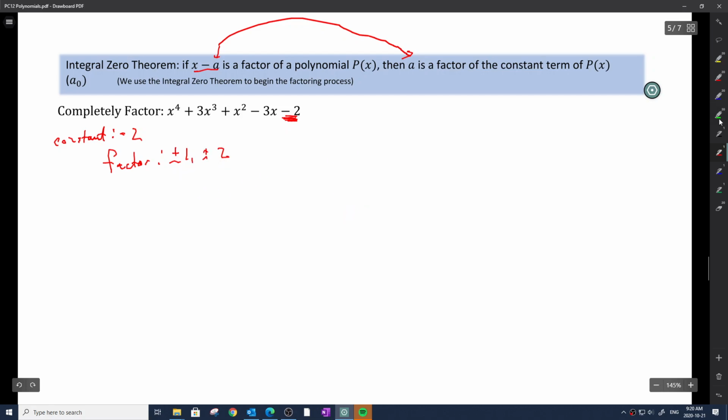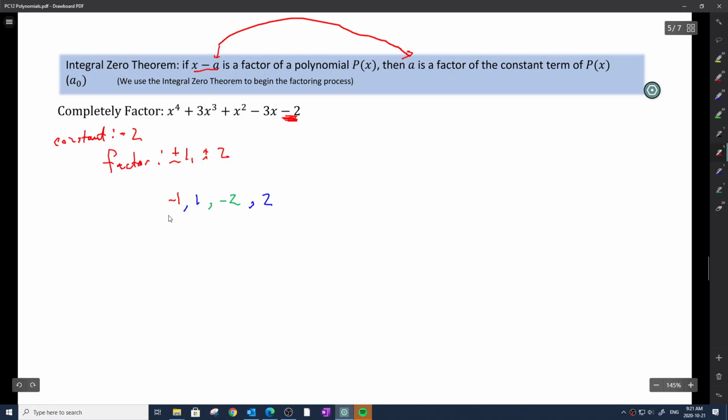So here, maybe I should switch colors. -1, 1. And switch it to -2. Oh, ran out of colors. And +2. These are the factors of my constant.